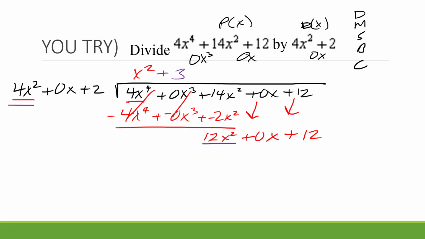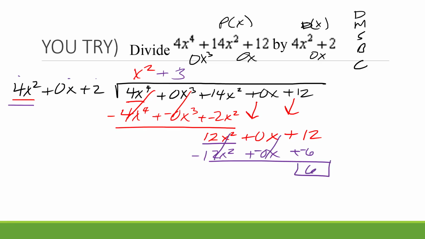Now we're going to multiply. So we have 3 times 4x squared, 3 times 0x, and 3 times 2. So that gives us 12x squared plus 0x plus 6. After we multiply, we then are going to subtract. Subtracting means we're changing the signs and combining. And we're left with positive 6.